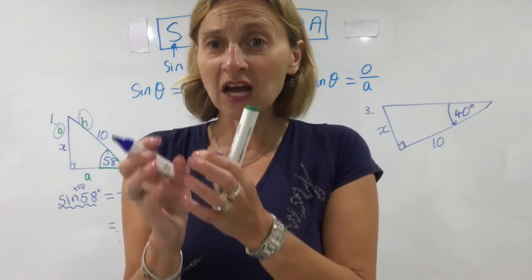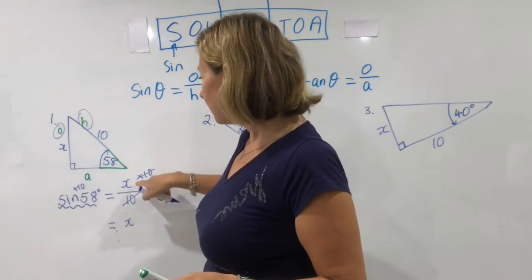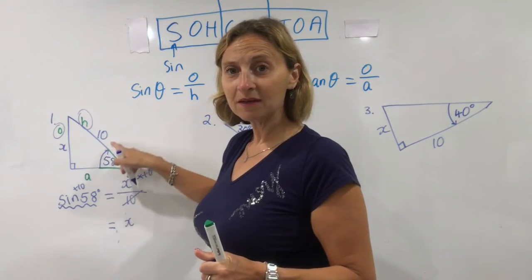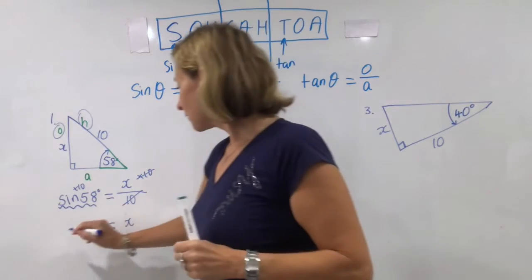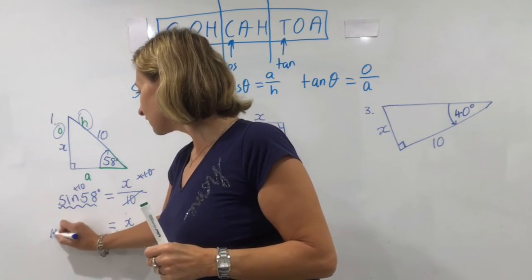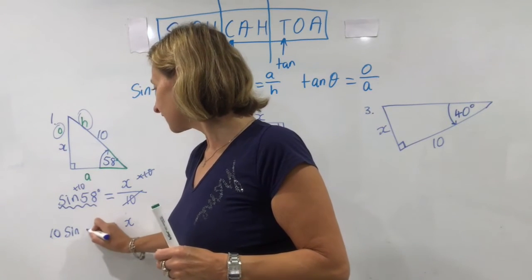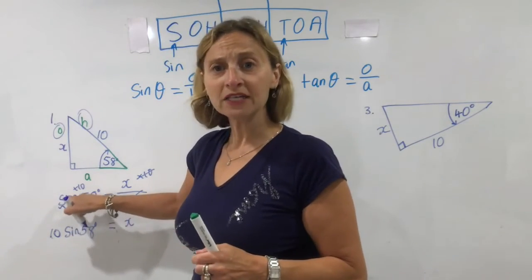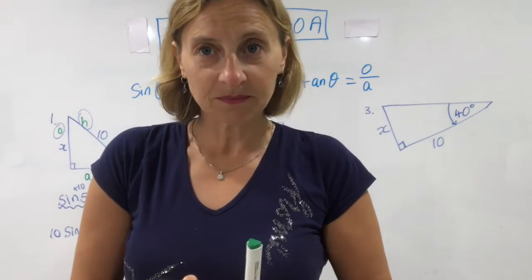Remember, the sine 58 is telling me the ratio of these two sides from that angle, from that perspective. So when you want to write down 10 times sine 58, you don't need the times sign, but you should not write sine 58 times 10. The 10 should always come first.